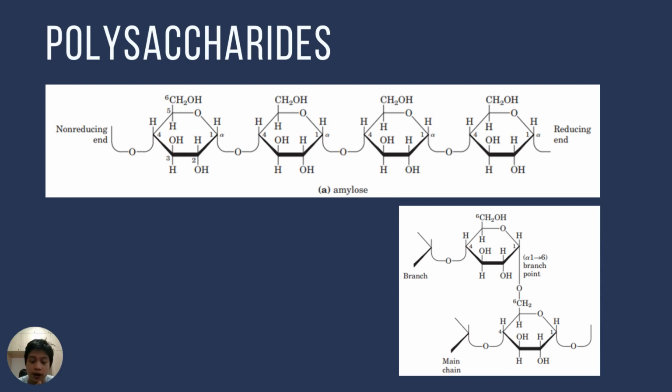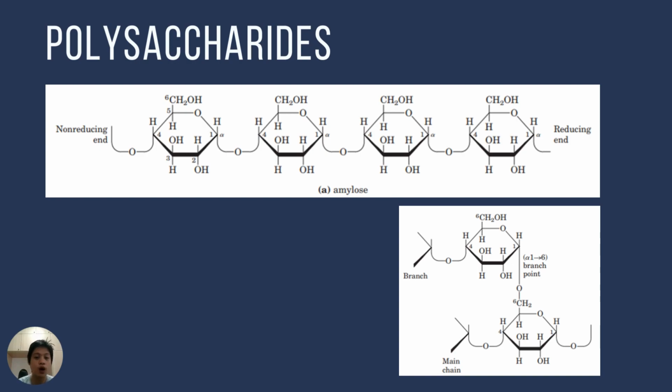At the bottom portion of the image, you will see the main chain, carbon number 1, carbon number 4, carbon number 5, and carbon number 6 of one sugar, and attached to it is an ether linkage that connects to carbon number 1 of the first sugar of the branch.